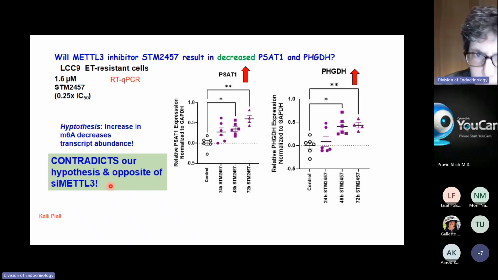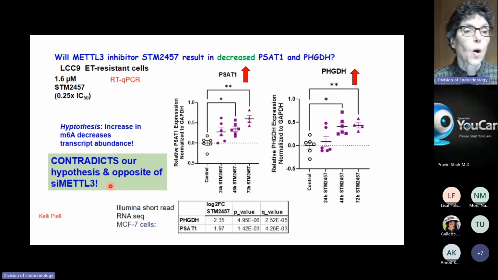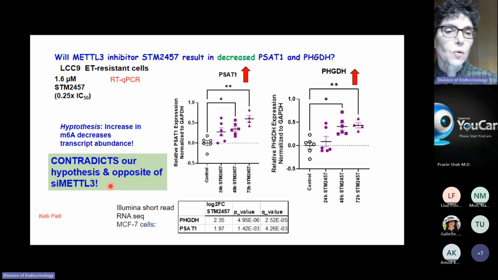Well, what about protein? Maybe something's different here. Oh, and I was just working on this afternoon, because we also have, as you will soon see, differential gene expression by Illumina short-read RNA-seq of these MCF7 versus LCC9 cells. And so I looked at what happened, and we treated some cells with STM2457 for the RNA-seq analysis.